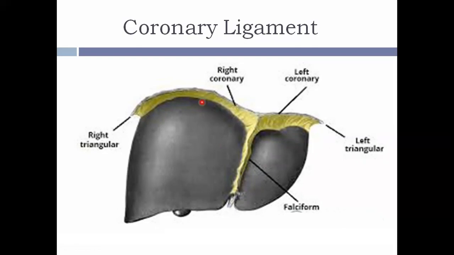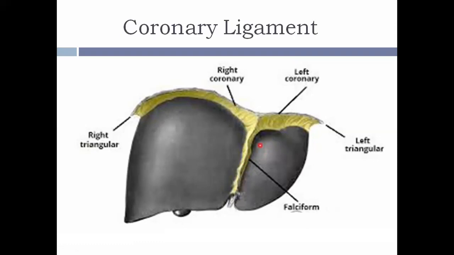But we'll see what happens when we trace these coronary ligaments. When the coronary ligament is traced on the right side, it is continuous with the right triangular ligament, as we can see here. What about the left side then? When the coronary ligament is traced on the left side, the upper layer is continuous with the right layer of the falciform ligament. The falciform ligament is again divided into a right and a left layer.